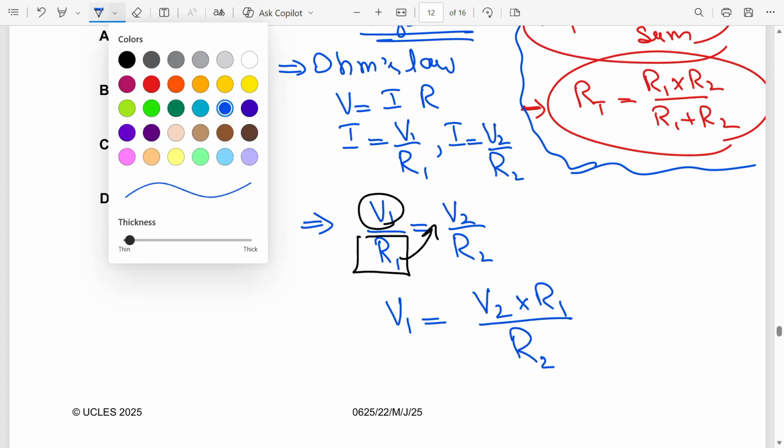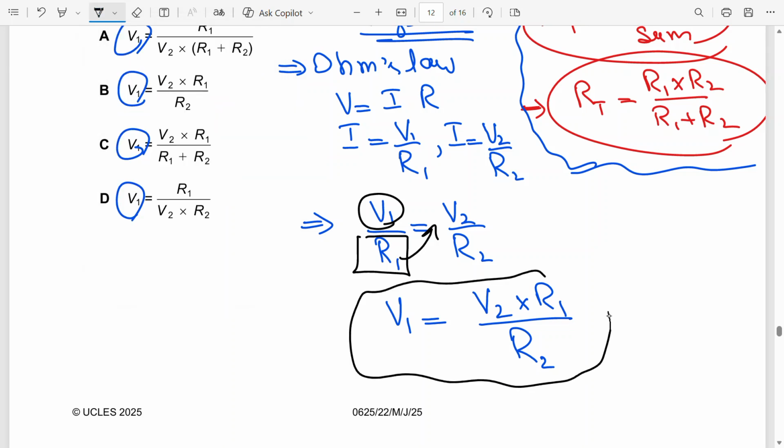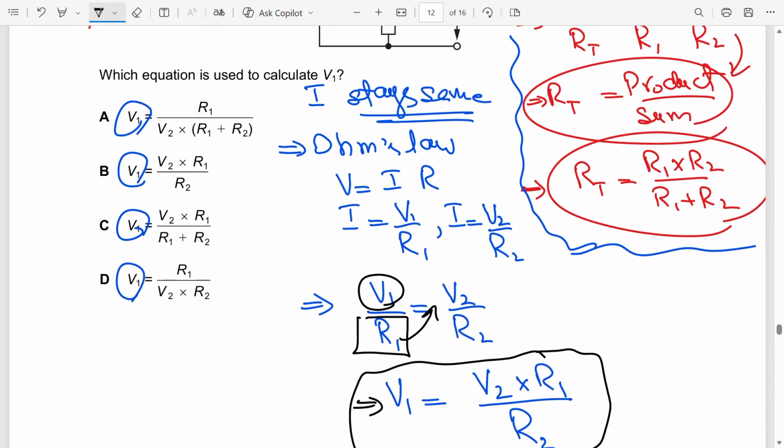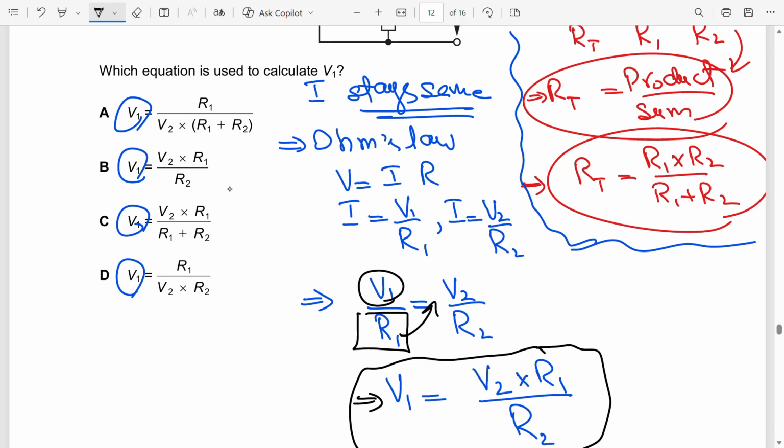Please check if there is an equation or formula of this derivation. You can find it easily in your answers, V2 R1 divided by R2. So right here it's your B option. B is the correct option.